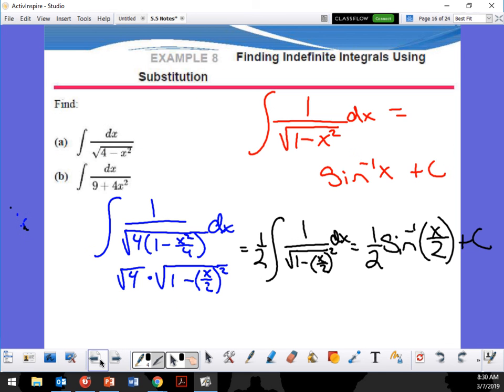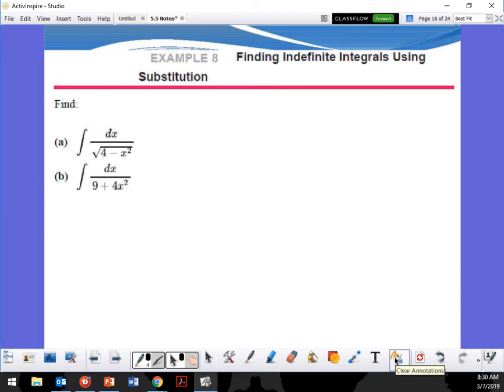Where am I at? Okay. Alright, so from there we have that factored out. Now can I erase this and do B? Okay, let's erase it and do B. Is this another identity? What's this one? Arctan. But what's it gotta look like?